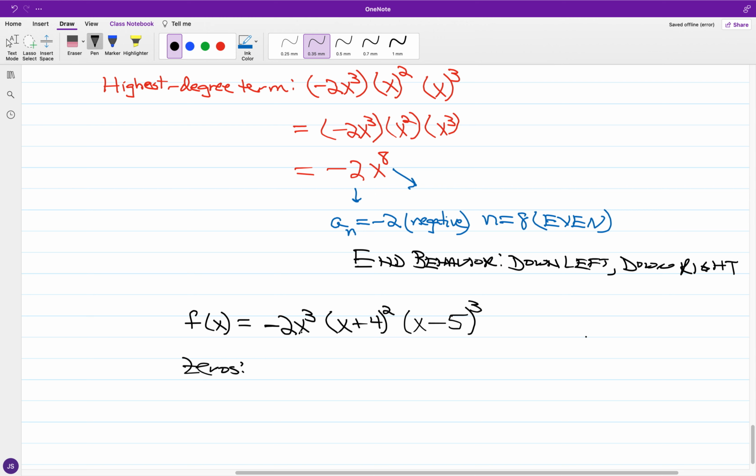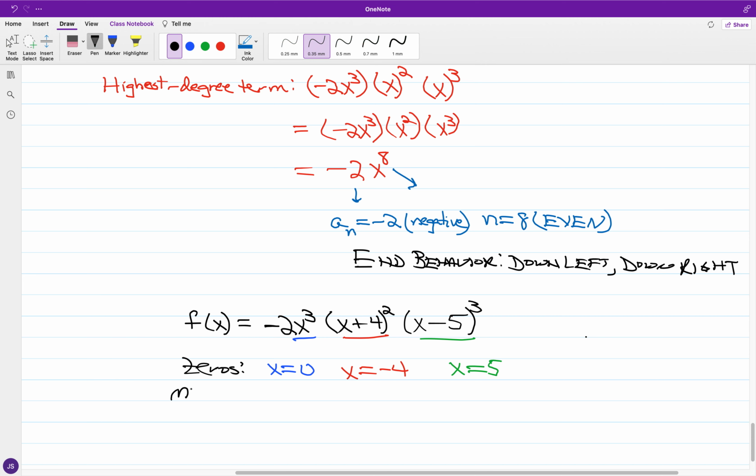Okay, so from x, we got x equal to 0. From x plus 4, I have x equal to -4. And from x minus 5, okay, I have x is equal to 5.